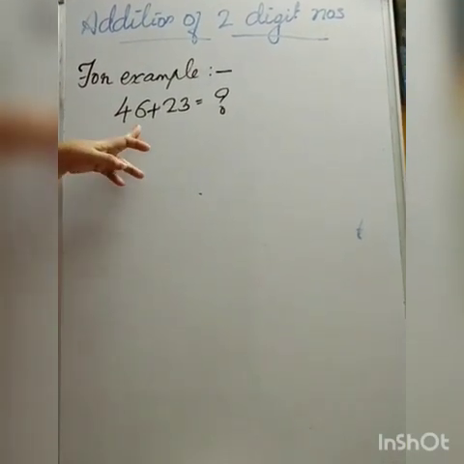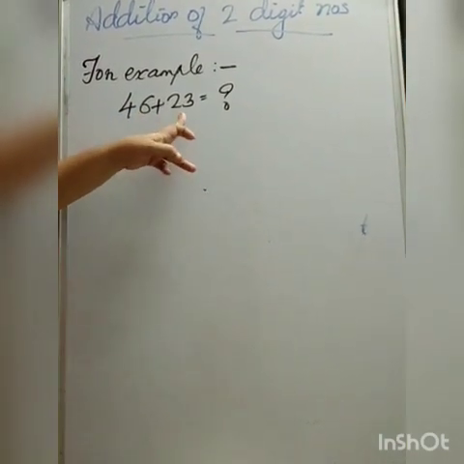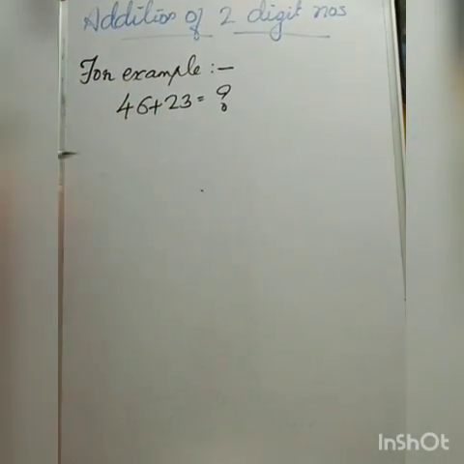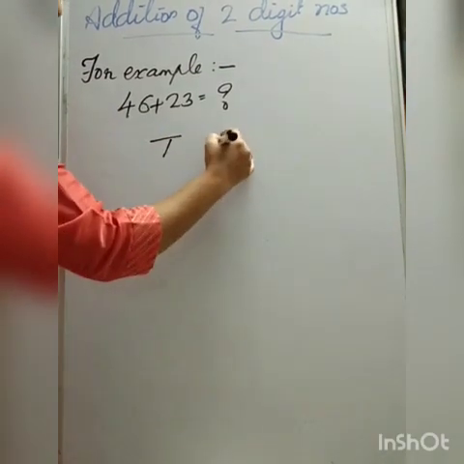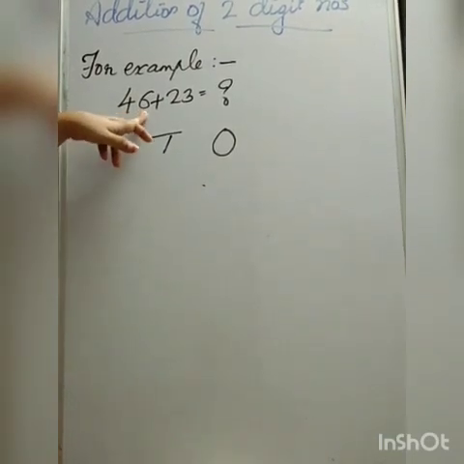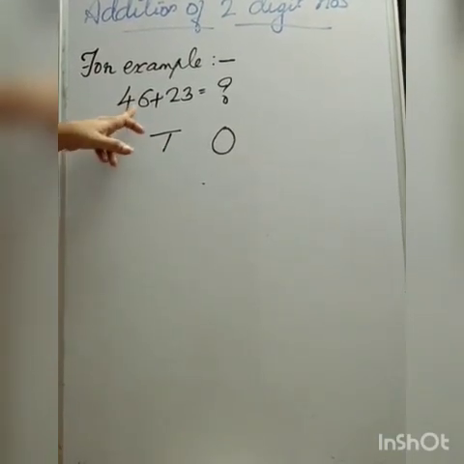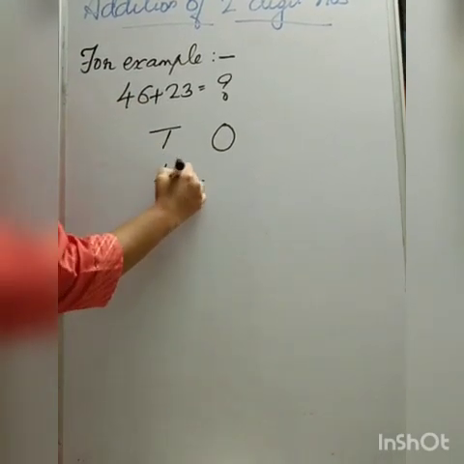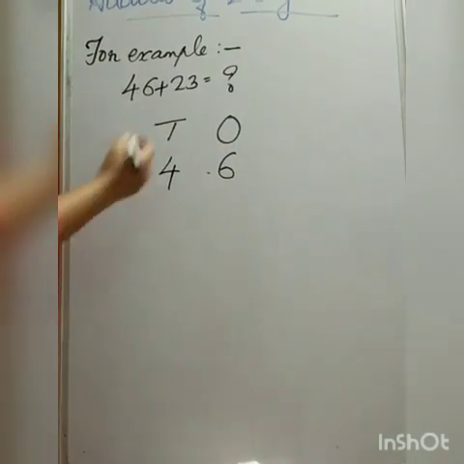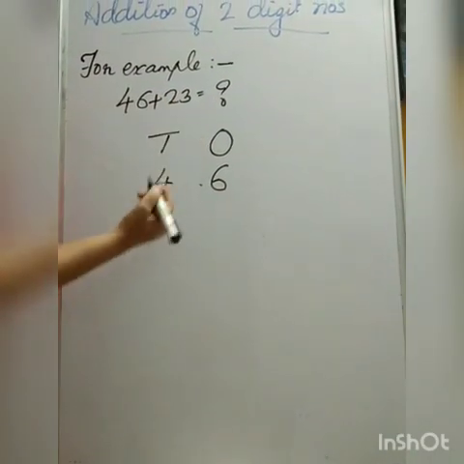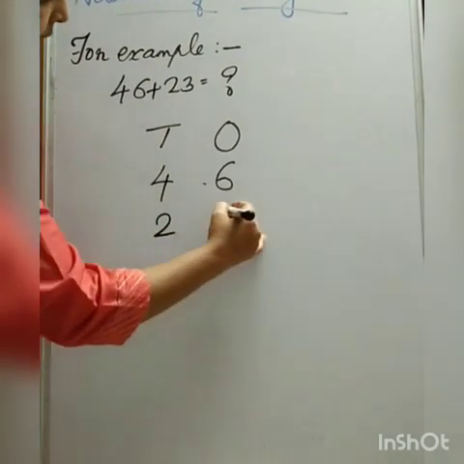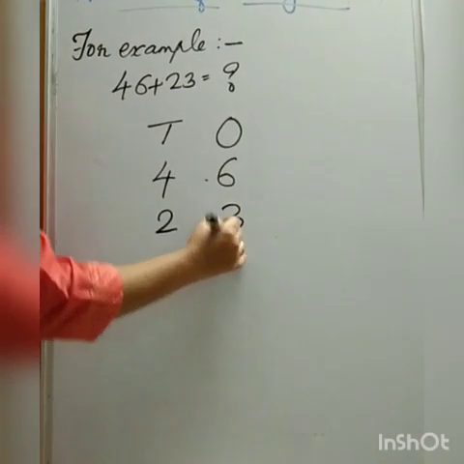This is the first question. 46 plus 23. What do we have to do first? We have to write T for tens and O for ones. Then write the first number. Here the first number is 46. 4 in the place of tens and 6 in the place of ones. Now, next, which is the number? 23. And 2 in the place of tens and 3 in the place of ones.